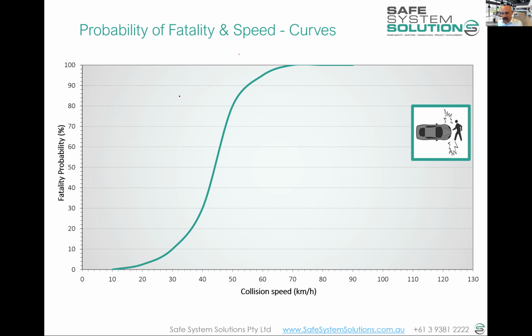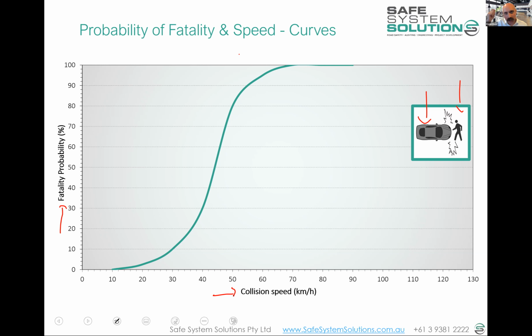And we have actually got some data on similar stuff. And this graph that you're seeing on screen now is for a passenger vehicle striking a pedestrian. And it is taken from macro research, so lots and lots of crashes, and trying to then graph those and see the chance of death and the collision speed.